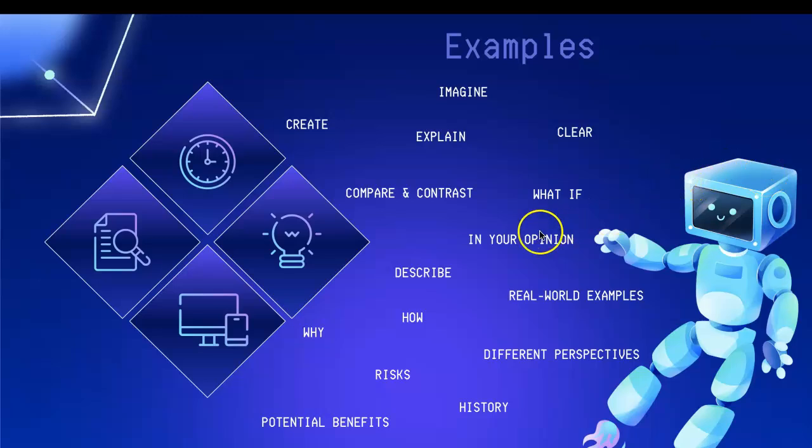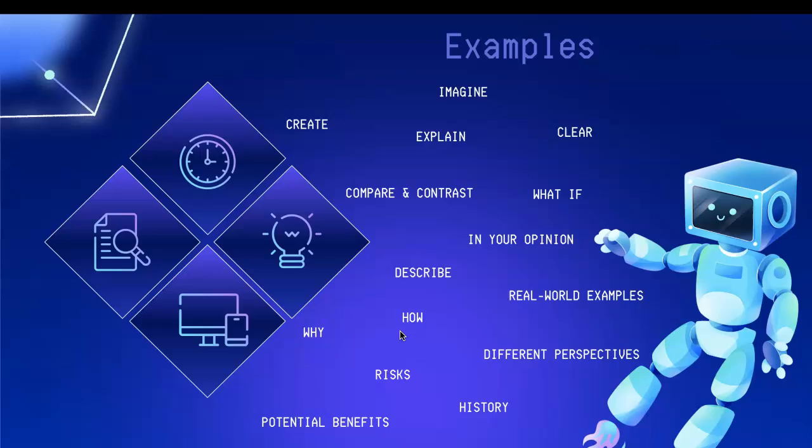And describe, using the word describe helps you generate a response that again gives more details about a topic or concept. Using why, you can explain the reasoning behind a concept or idea.